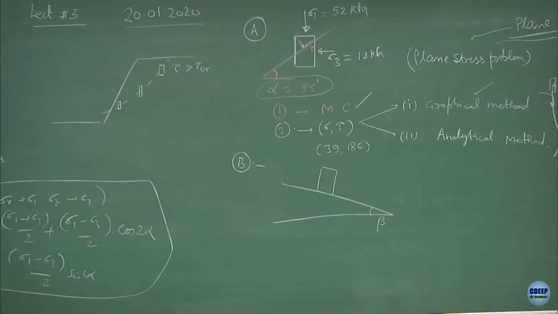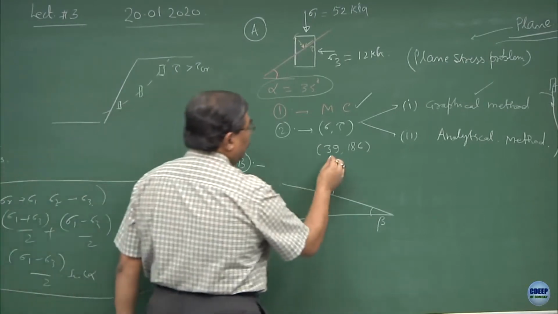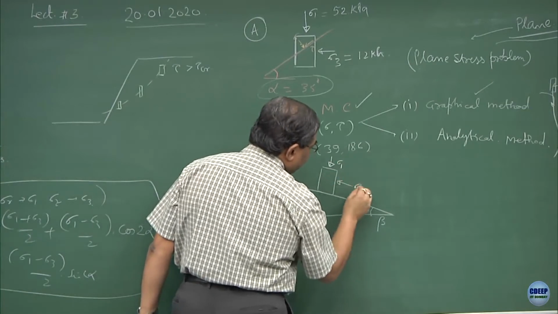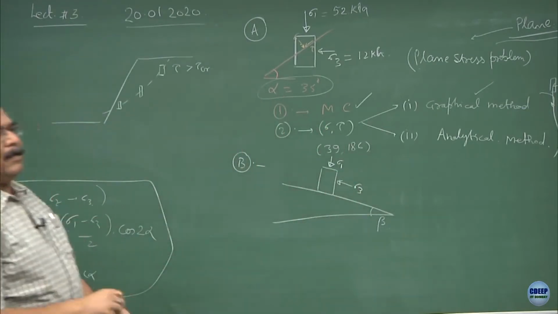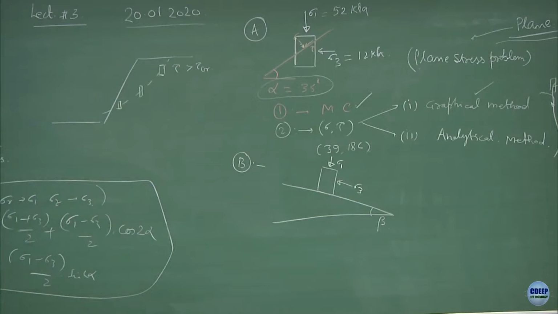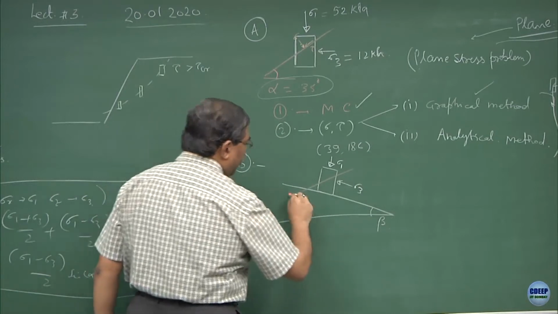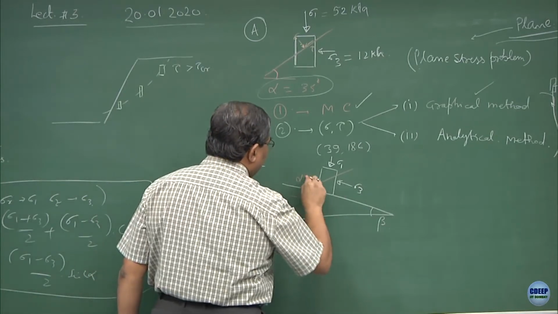Rest of the things remain the same. I might be having sigma 1, sigma 3, and again the statement of the problem is find out the state of stress at a plane which is, let us say, alpha equal to 35 degrees.